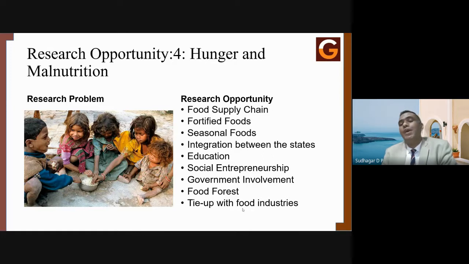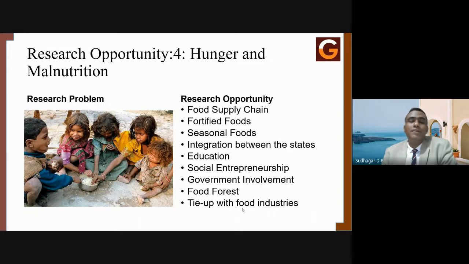How about introducing a concept of food forest? In India, we have land, we have water, and we have resources. Instead of cultivating trees which are not going to yield us food, why can't we cultivate trees which can give us fruits? So how about coming up with the concept of food forests? Again, this could be taken as one of the research opportunities. Tie up with food industries.